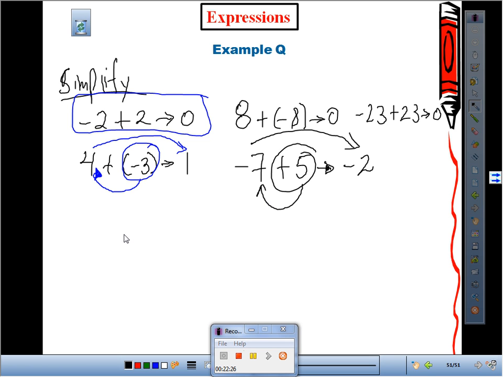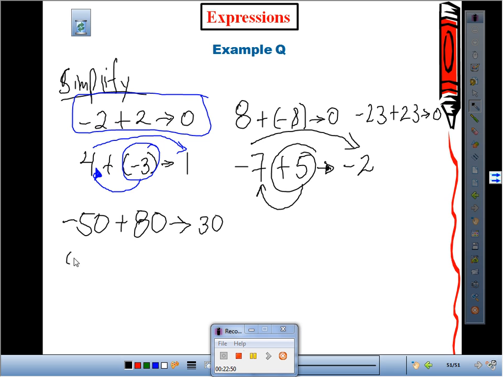Are we there so far? Okay, here we go. Negative 50 plus 80. Everyone? 30. Okay, we got this, yes? So you notice how we're doing 0 pairs as we go along? Okay, let's crank it up a notch, yeah?